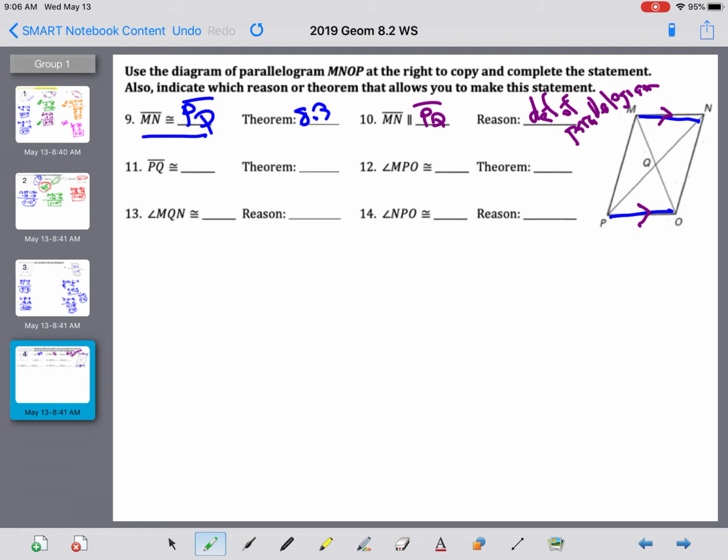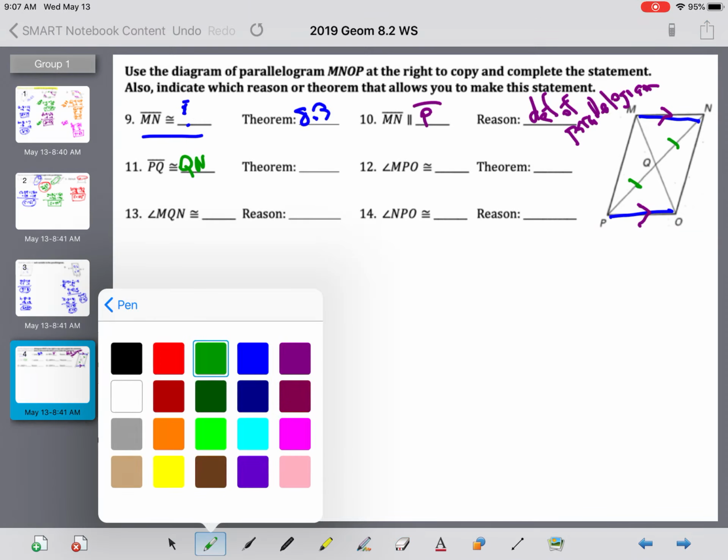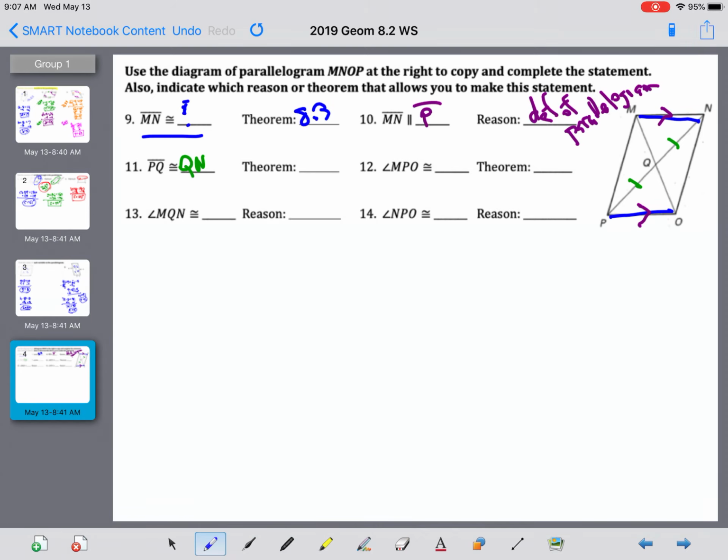PQ is going to be congruent to QN. Oh, that was PO. Sorry about that. I gotta do some switching here. That's an O, not a Q here. So let me fix that. This is P. I gotta fix my little boo-boo here.